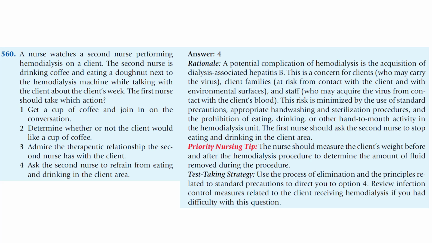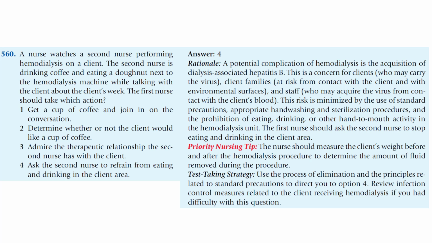Answer: 4. Rationale: a potential complication of hemodialysis is the acquisition of dialysis-associated hepatitis B. This is a concern for clients who may carry the virus, client families at risk from contact with the client and with environmental surfaces, and staff who may acquire the virus from contact with the client's blood.